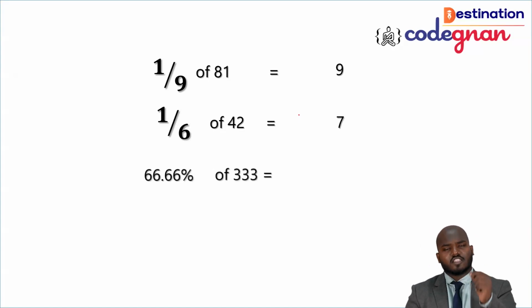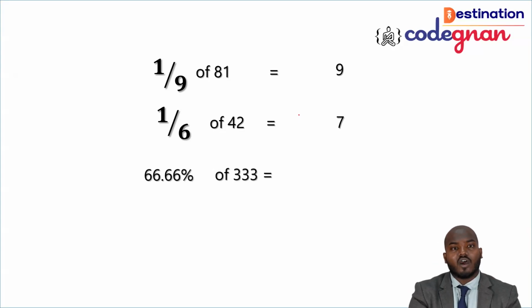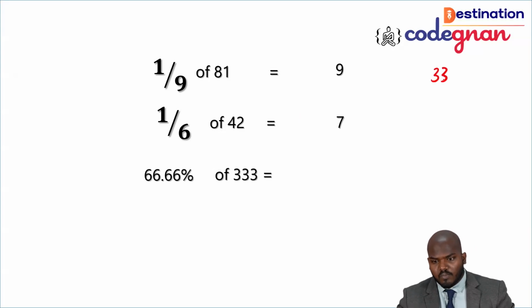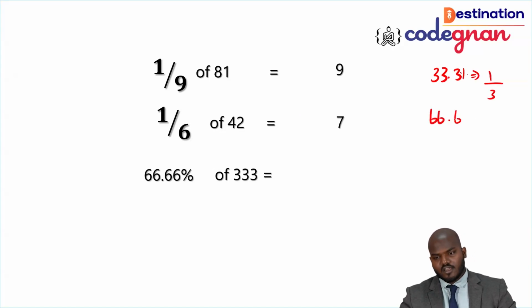And 66.66 percentage of 333, what can we call it? We don't have the value 66.66, but we have the value 33.33, which we call 1 by 3. So how can I get 66.66?